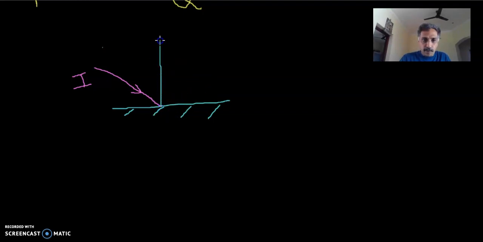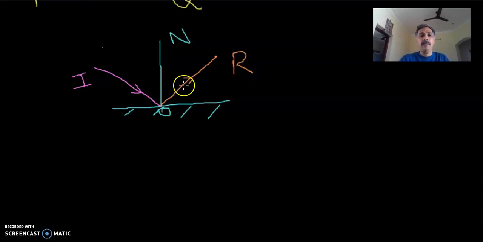I draw a normal from this point, which is an imaginary line. Let us call it N, and the point of incidence I mark as O. So ON is the normal, and now I draw the reflected ray. I call this R. So this is my R, okay?